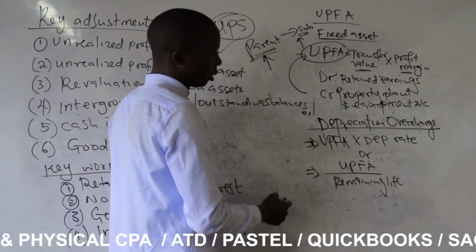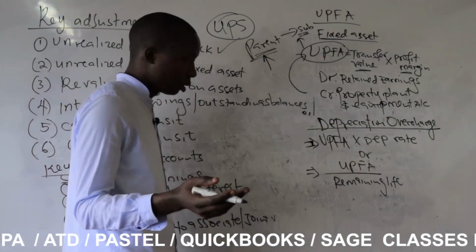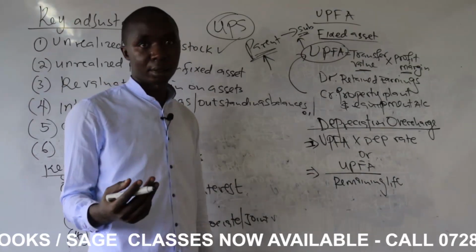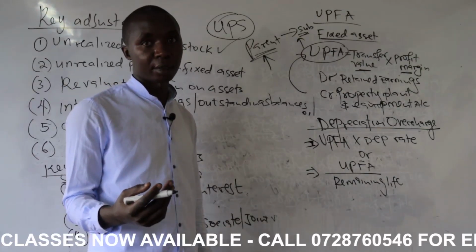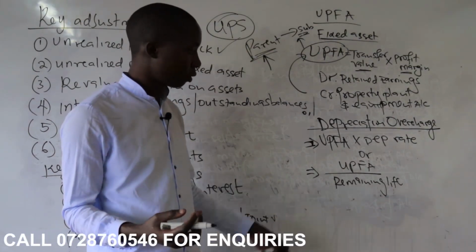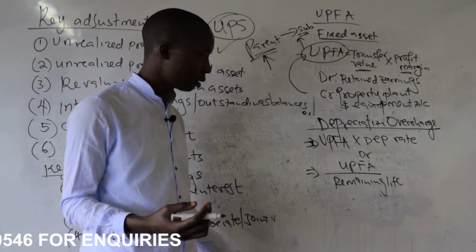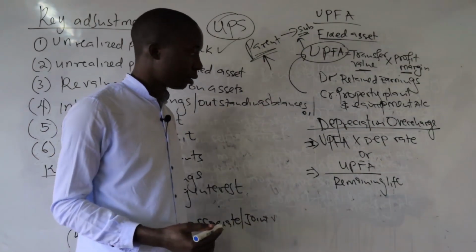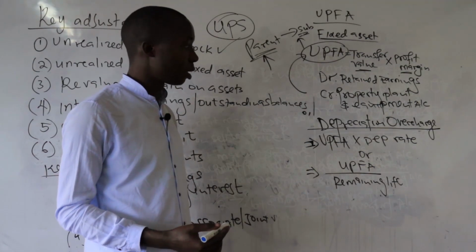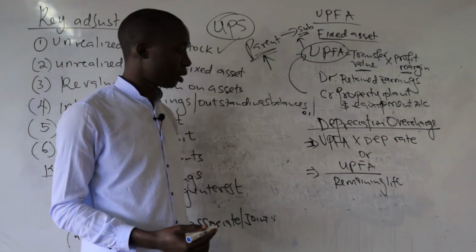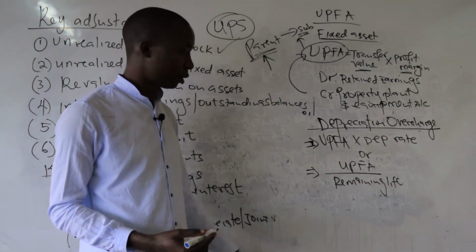So how do you adjust this? They did a depreciation overcharge which understated the value of the asset. They had understated the value of the asset, and at the same time, they had understated the profit.